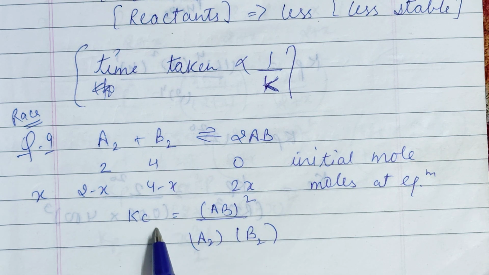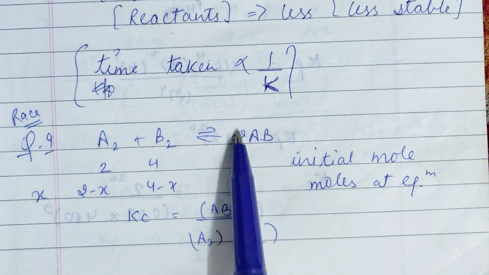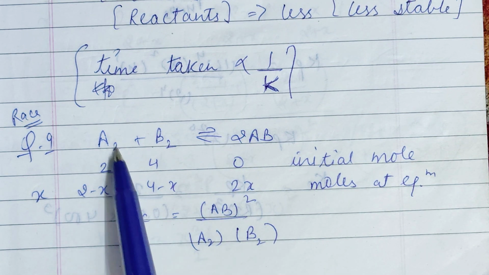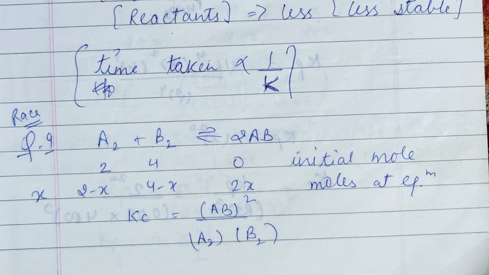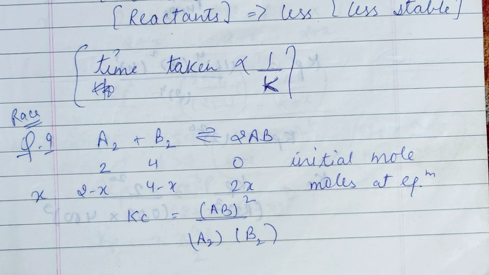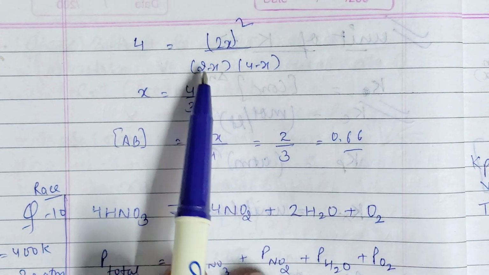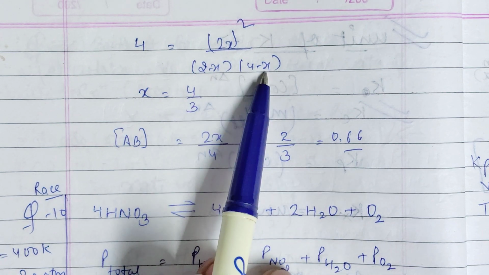Now Kc equals AB's concentration power 2. This mole we write as power, and here A2 concentration into B2 concentration we write in the denominator. This is Kc. Further it gives 4 equals 2x power 2 upon 2 minus x into 4 minus x.